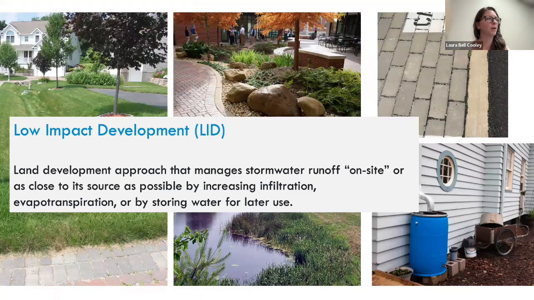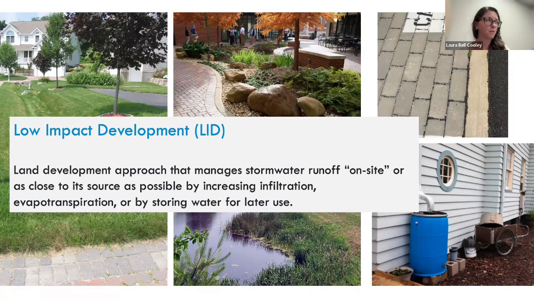They're similar, but low impact development is a development approach where you try to manage that stormwater runoff on site or at your house or as close to its source as possible by increasing infiltration, using plants for evapotranspiration. That was a big word for an early morning. Or by storing water for later use. So these don't all have to be using vegetation or natural processes, but they're mimicking those natural processes.